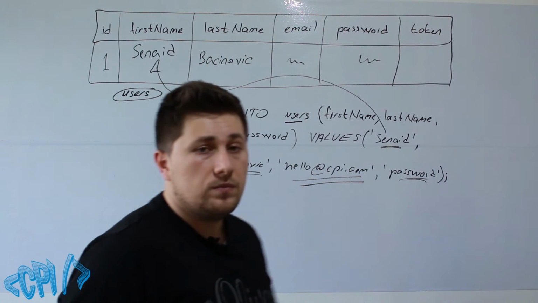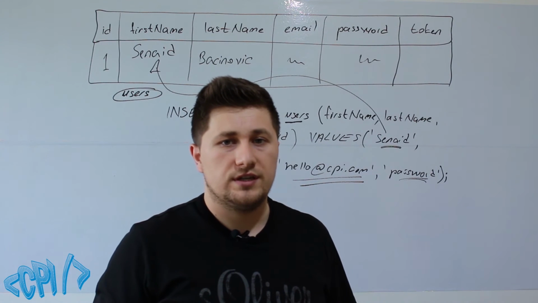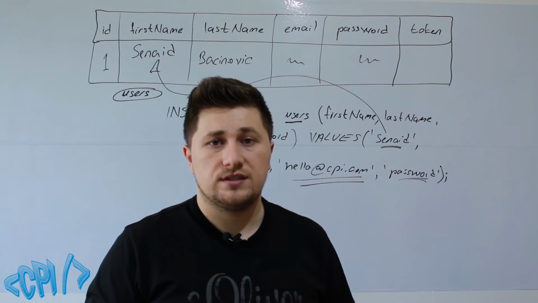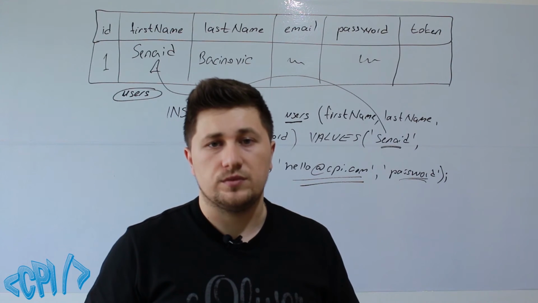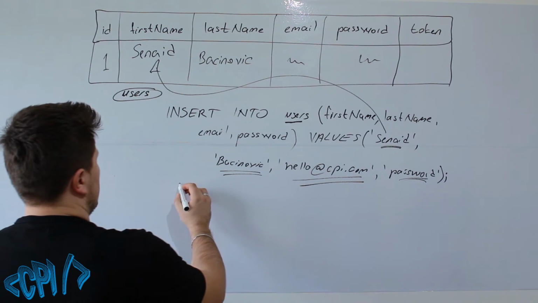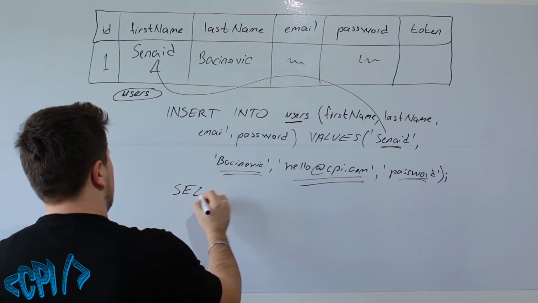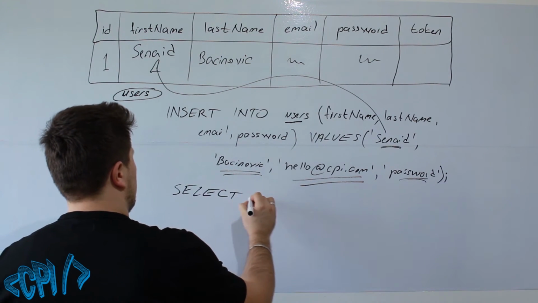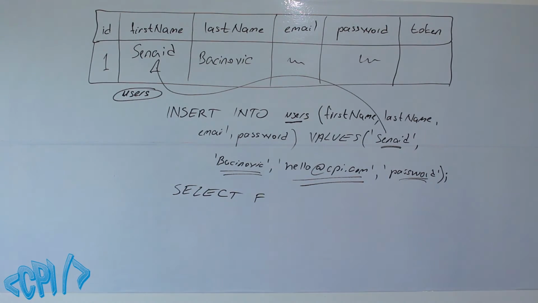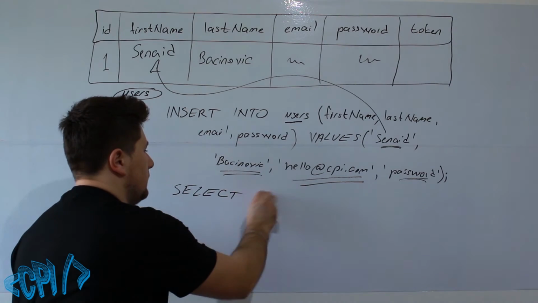But now the next command I want to show you is how we are going to check something in the database. Does it exist? Also how to pull data from the database. So the next command is select. Sorry, my mistake.